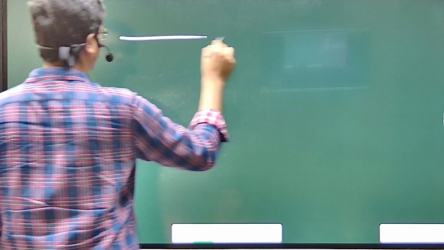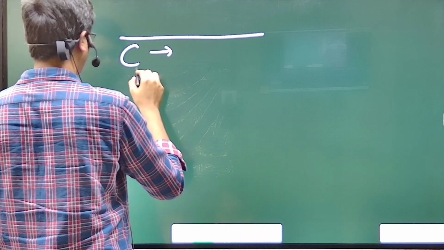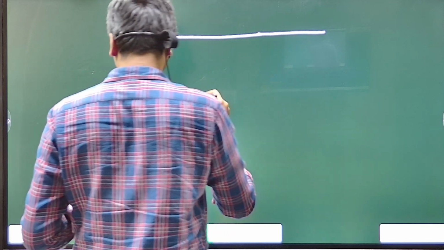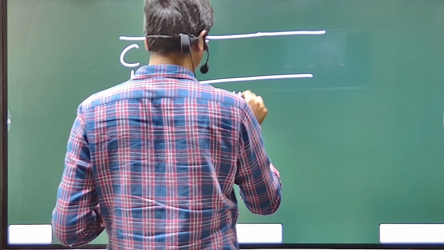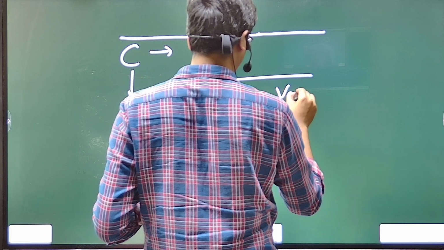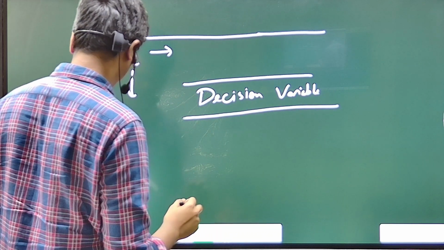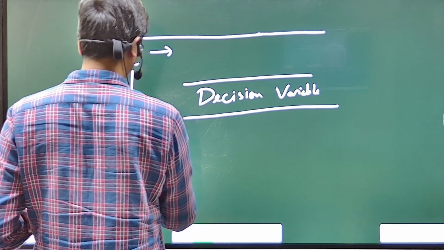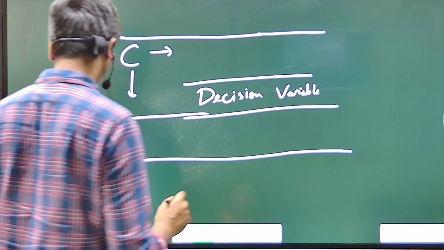So simplex tableau, it has this format. You have your constants, and then you have your decision variables. It's just putting our equation in a tabular format.